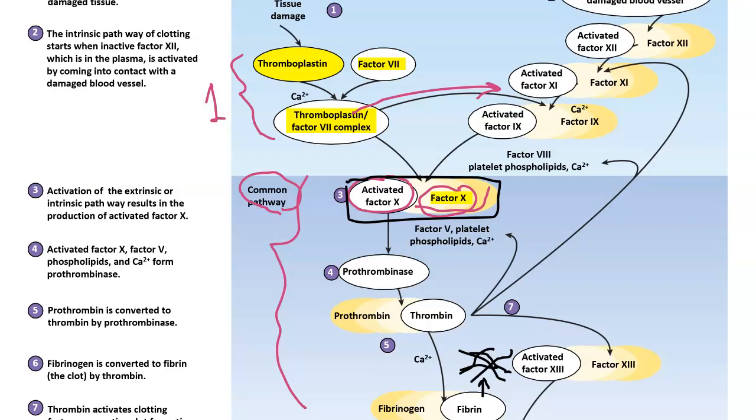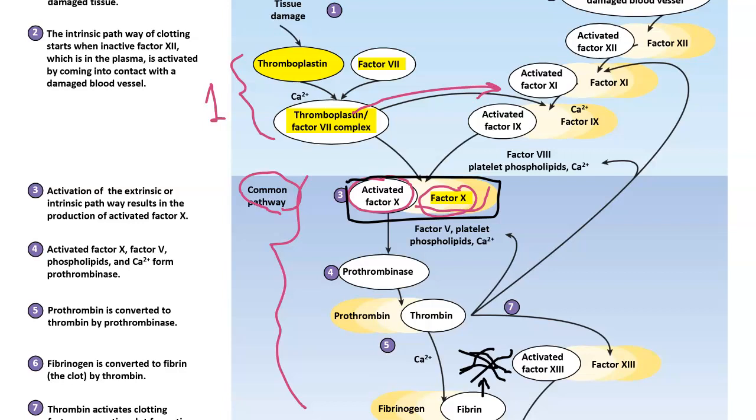Activation of factor 10 is going to create prothrombinase, which will turn prothrombin into thrombin. Thrombin turns fibrinogen into fibrin. Fibrin meaning the fiber clots that will create the clot. So you need to know, first of all, the steps of the common pathway and the proteins involved. Activated factor 10, prothrombin turns into thrombin, fibrinogen turns into fibrin.